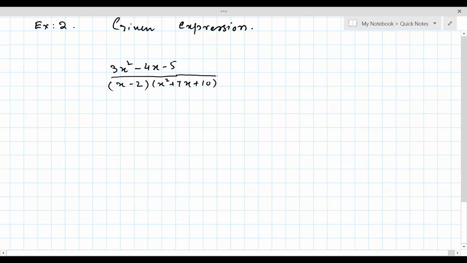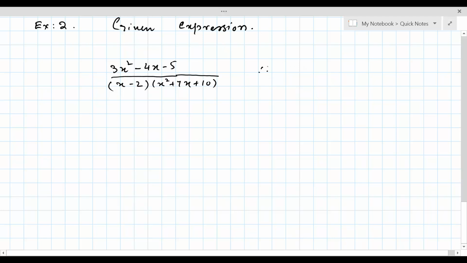As we described in the case 1, that all the factors in the denominator are linear and they are not repeating. But here we see that there is one factor, x square plus 7x plus 10, which is not linear. It is in fact quadratic. But let's see if we can break it up into linear factors.